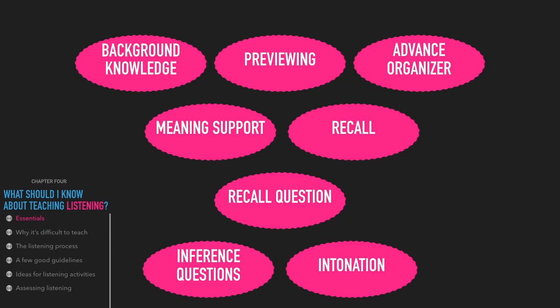For example, when we talk about background knowledge, also known as schema, or the plural schemata, we note that even if the speaker is using very simple English, unless the listener knows something about that topic, it will be very difficult for him or her to comprehend what is being said.